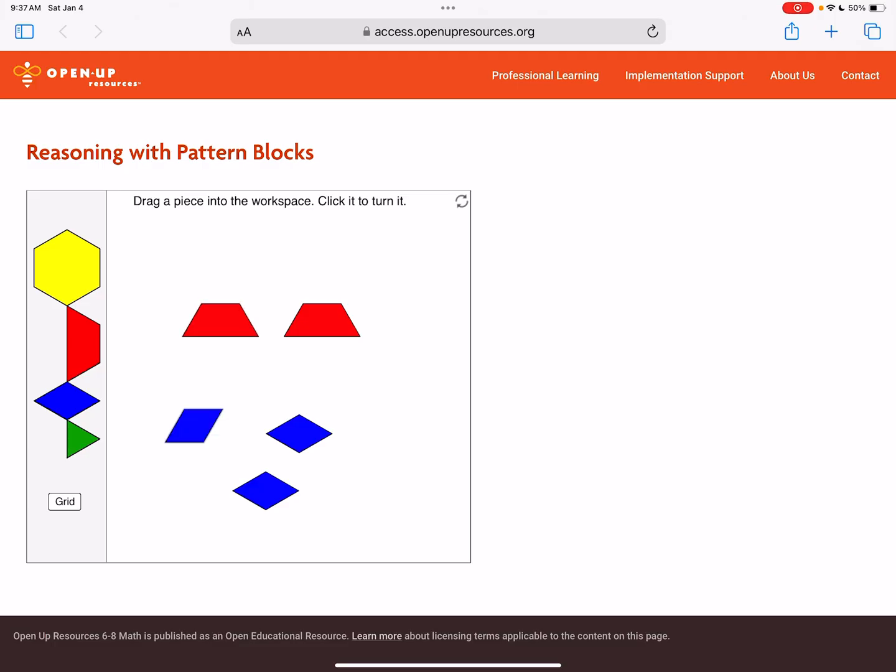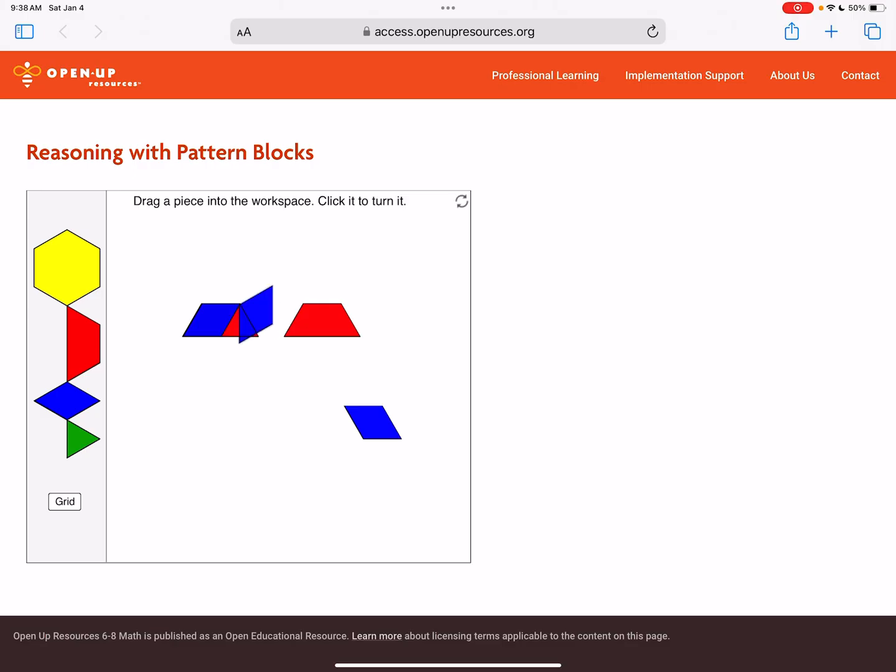Let's see if we can make this work. So here's 1. Here's another. But I don't really understand, where's this going? Well, let's try this. We have this here. It covers half of it.